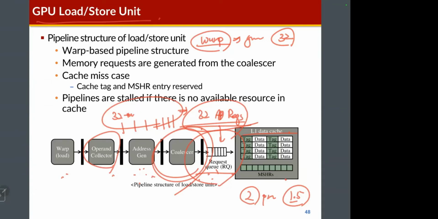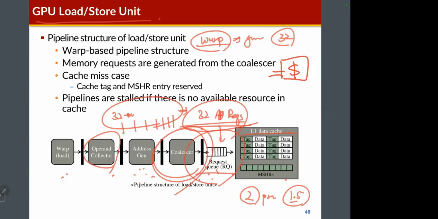Using this warp architecture, GPUs can utilize the many simple cores in the GPU streaming multiprocessor, like a SIMD machine. But the problem is that a memory system like a cache has only 2 ports, one port for read operations and another for write operations.